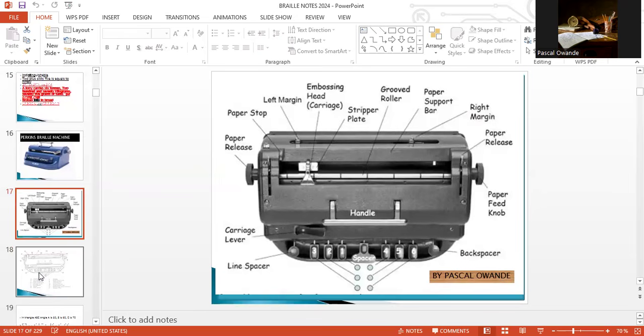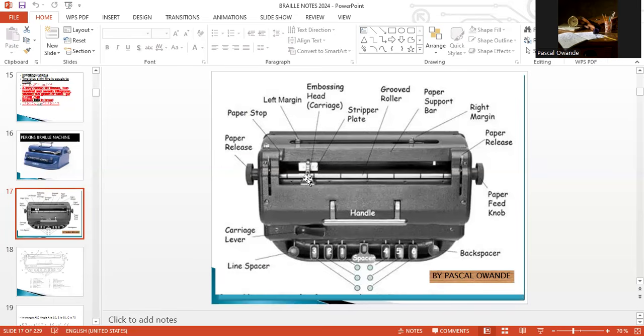It has the top, two sides, the back plate, the front plate, and the bottom. The bottom is just a wooden part, and the most current, modern ones have a plastic bottom.